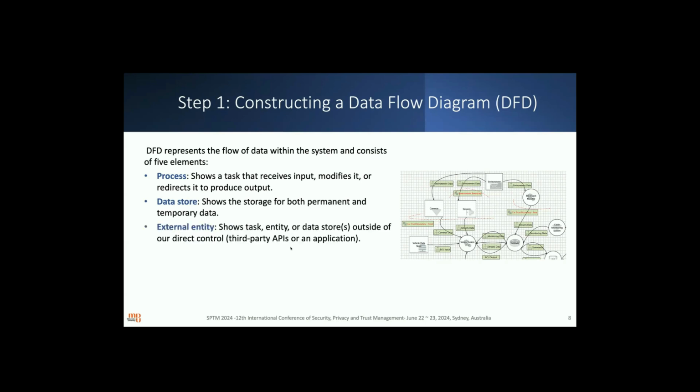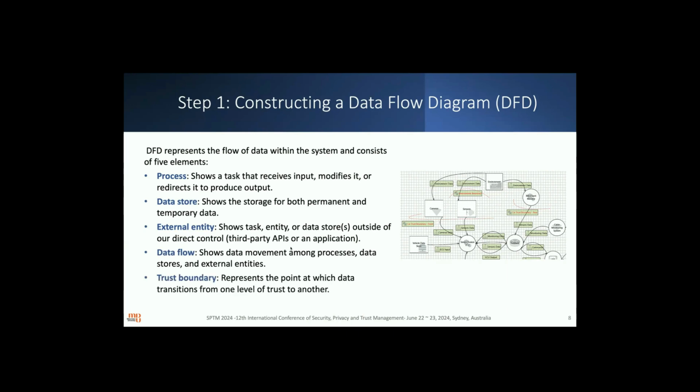External entity: this is stuff like third-party apps or systems that interact with ours. Data flow shows how data moves between processes, data stores, and external entities. And the trust boundary: this is where data goes from one security level to another in our system.